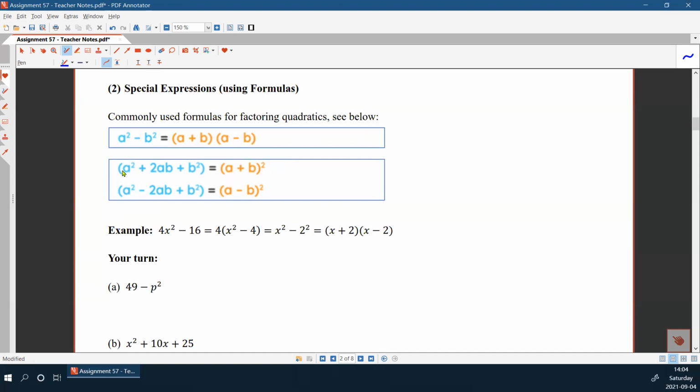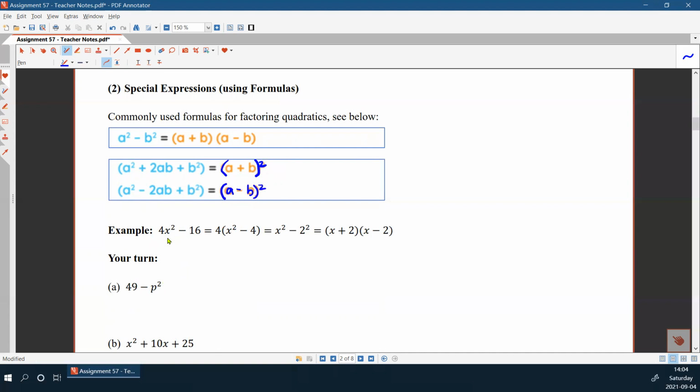And a squared plus 2ab plus b squared is a plus b as a whole squared. And then a squared minus 2ab plus b squared is the difference of a and b to the power of 2. Okay, so we can use these formulas to factor the quadratics.